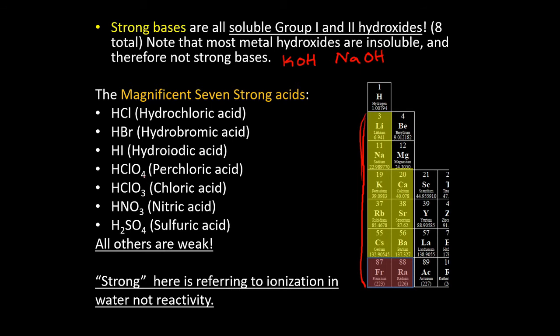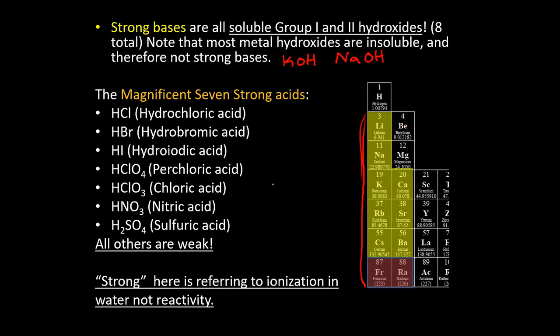But then we have perchloric acid, chloric acid, nitric acid, and sulfuric acid that are all strong acids, and every other acid is weak. Now again, when I say strong, I am not saying reactive, and when I say weak, I am not saying unreactive.